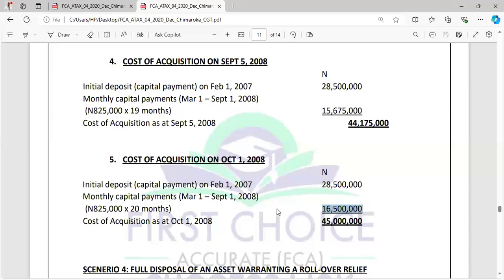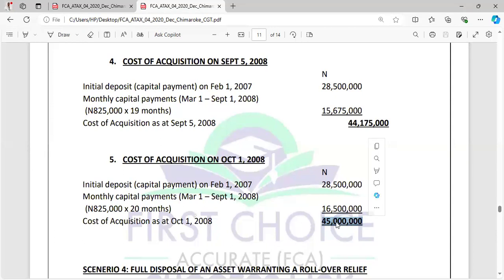Can you remember the 16,500,000 we got in our calculation when we said our cash price minus initial deposit gave us 16,500,000? Now, when we add this 16,500,000 to our initial deposit, we get 45 million, which is our cash price.